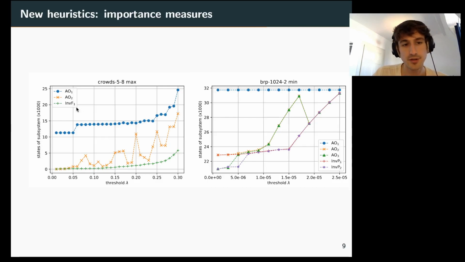The subscript tells you after which iteration we measure, so after which LP basically. And we stop plotting as soon as they don't change anymore. So you can see that the new heuristic achieves better results, it returns smaller subsystems, and it also stabilizes already after one iteration, whereas the all ones initialization takes 2 iterations to stabilize for this example. And here we have a similar example for the min heuristic.